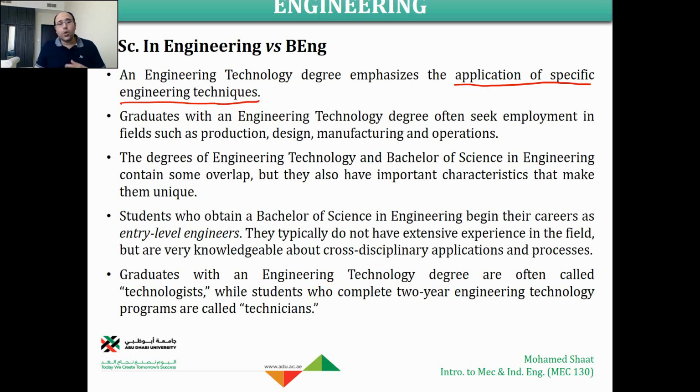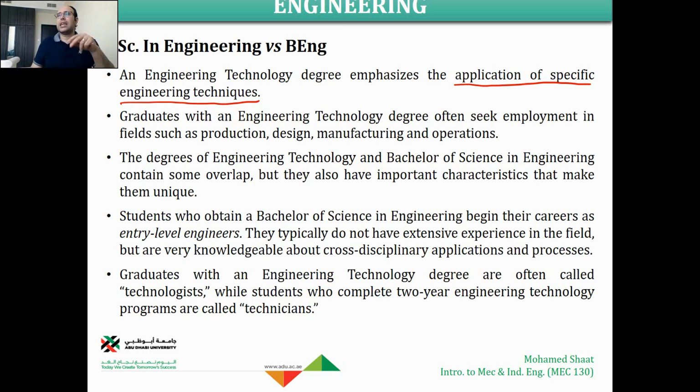Some people would acquire both degrees, like Bachelor of Science and Bachelor of Engineering. So he's gonna get the Bachelor of Science, then he's gonna skill himself. He's gonna focus on a specific subject more deeply on the application and the technology side.